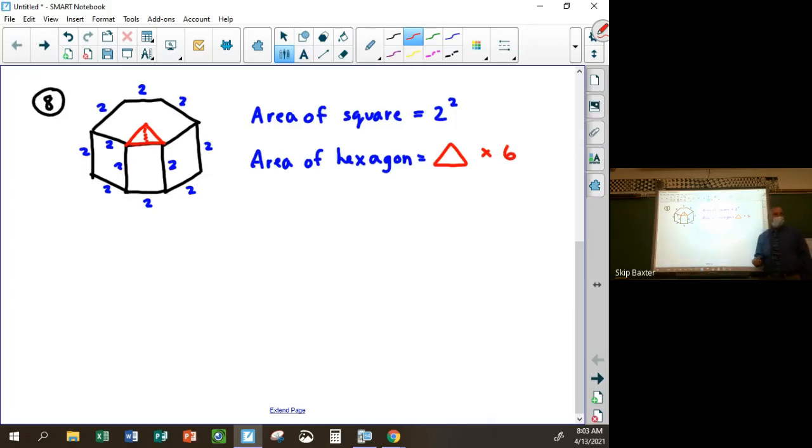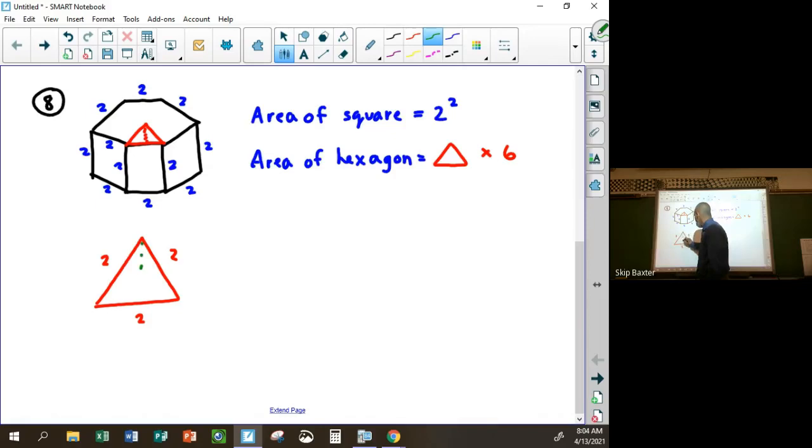right? And if I take this red triangle out of context like I did before, this is 2, 2, 2. Because it's a hexagon, this is an equilateral triangle, right? That's why they did this as a hexagon problem. When I split it down the middle, this is 1 and this is 1, what's the height? Radical 3. Nice, easy number, right?